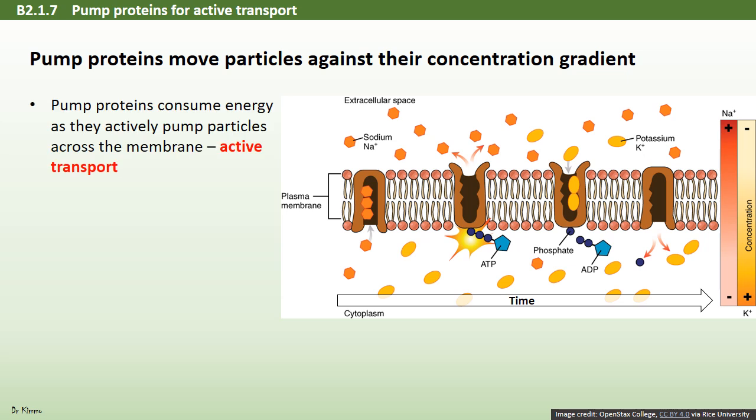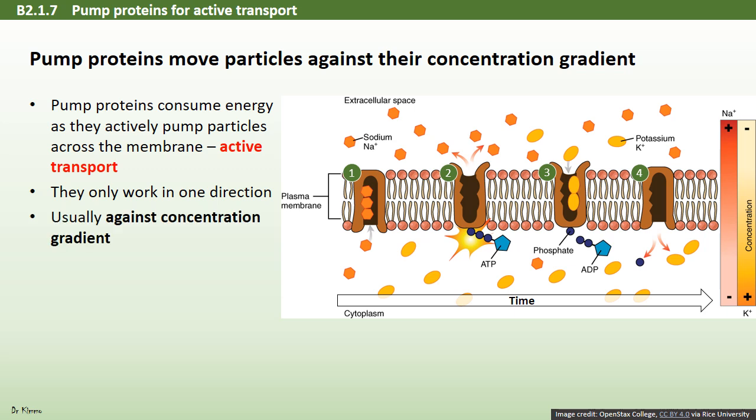Pump proteins consume energy as they actively pump particles across the membrane. This is called active transport. Pump proteins only work in one direction and usually against a concentration gradient. This illustration shows how sodium ions in orange are moving from the cytoplasm to the extracellular space in the direction of the arrow.